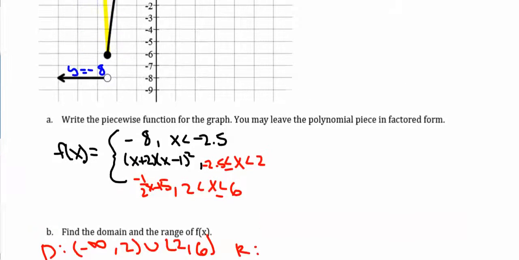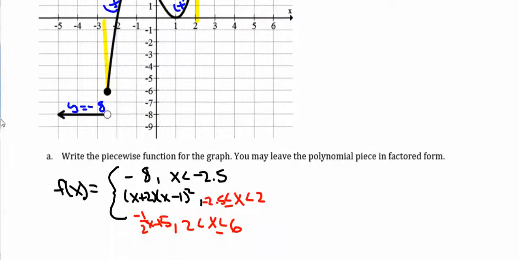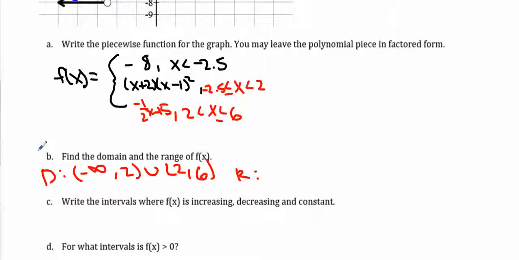Now for my range, where's the lowest point? The lowest point is at negative 8. It is defined at negative 8 because of the line. So negative 8, if we're writing this in interval notation, oops, I should give it a bracket.